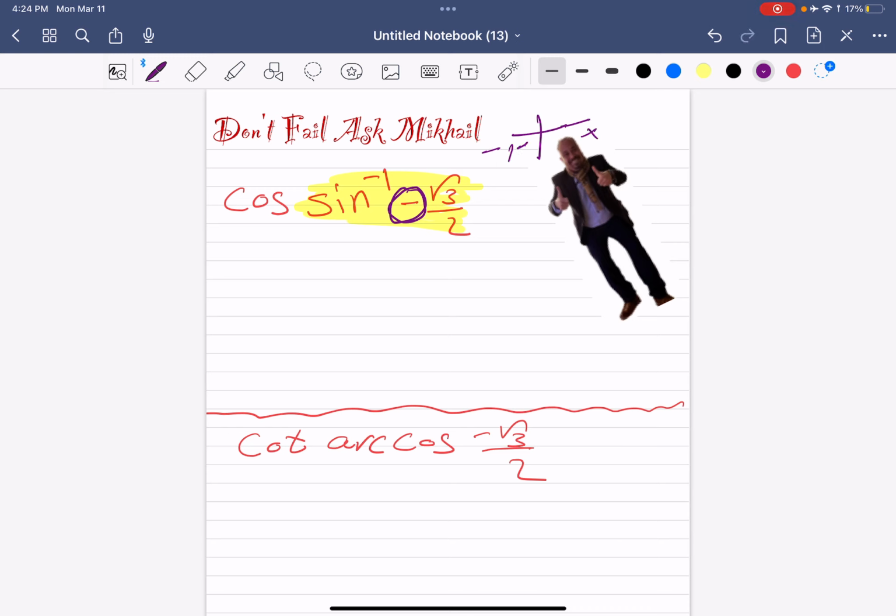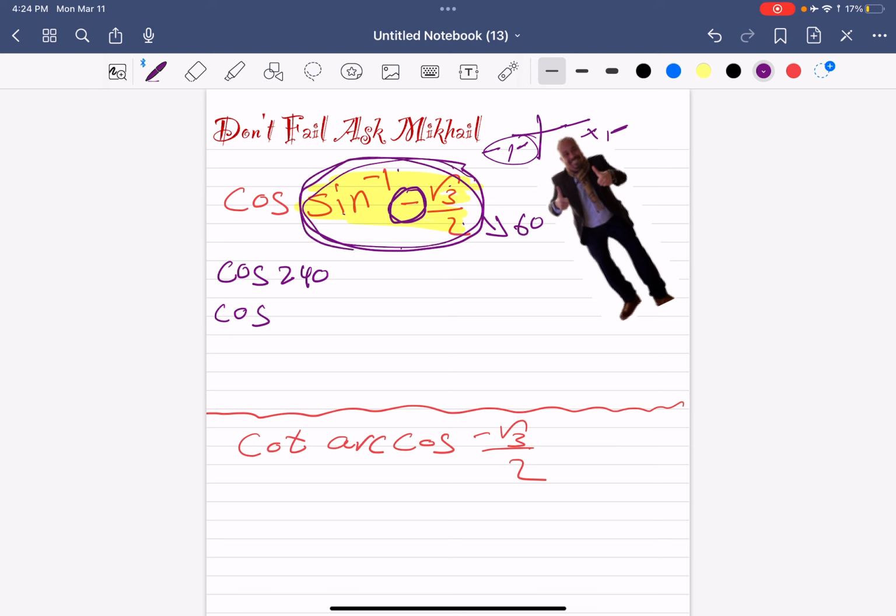So sine is negative here, and I'm saying this has to do with 60 degrees. So what is cosine? Third quadrant, 60 is 240. And that is the value of sine -4 radical 3/2. Or what's the value of cosine? That is on the fourth quadrant, that will be what? 300. So your answer will be cosine 240.